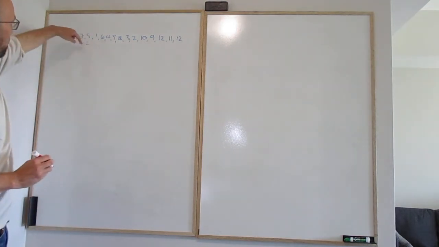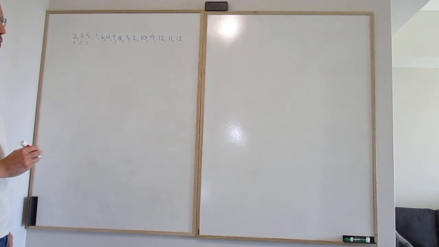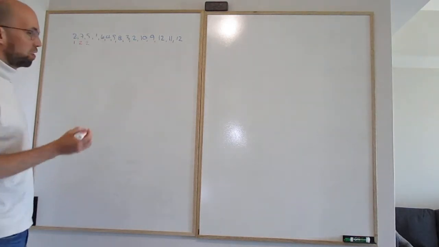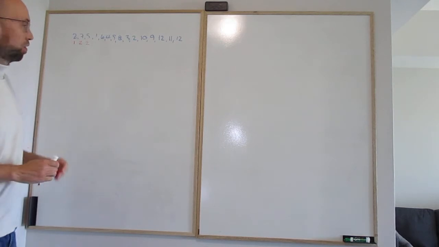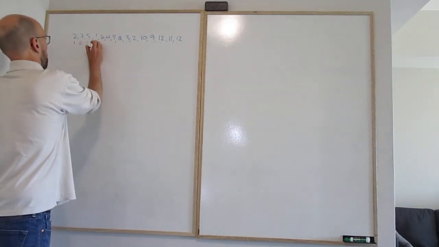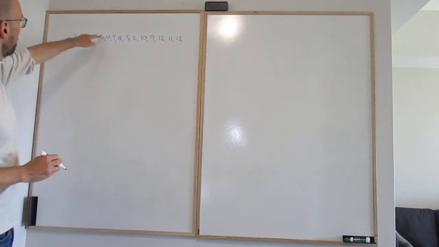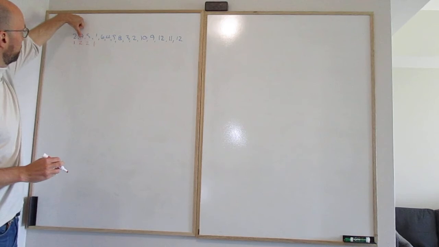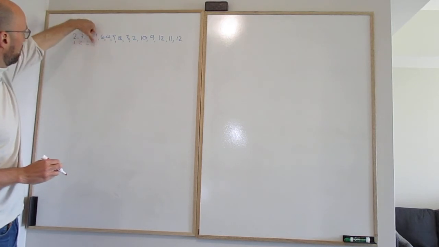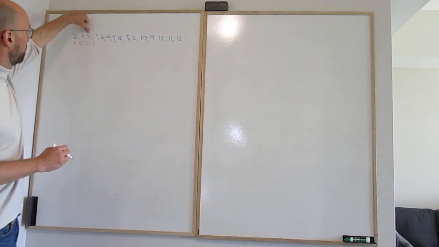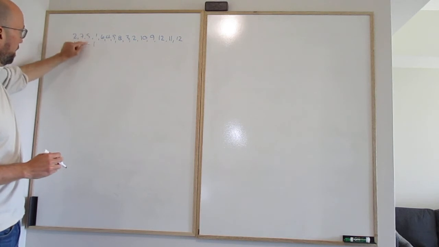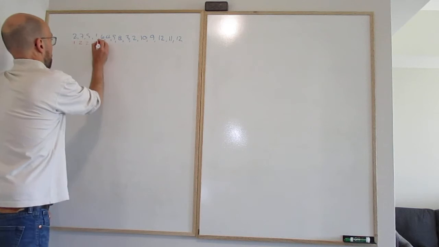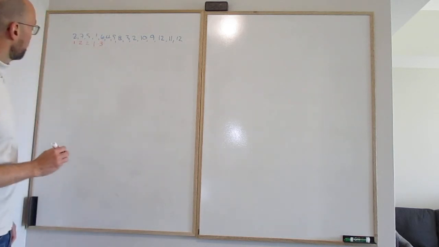For 1, we look back through all of the numbers which are less than 1, which is nothing, so the longest list is length 0, so we add 1, so this is a 1. Here, we look back through everything that's less than 6, which is everything except the 7, and the longest is the increasing subsequence that ends at this 5, which has length 2. So this has length 3.